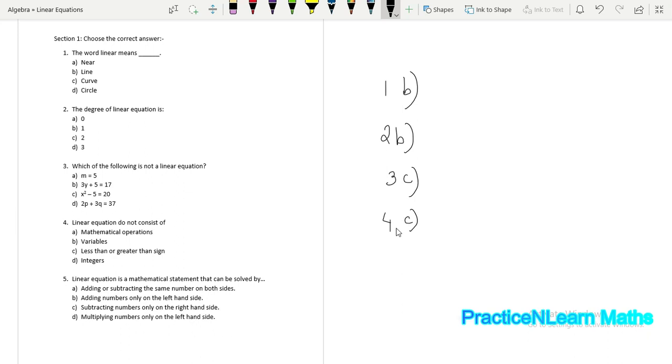Question 5. Linear equation is a mathematical statement that can be solved by. Correct answer is 5A. Linear equations are solved by balancing the equation on both sides of the equal sign. So if I add, subtract, multiply or divide on one side, then I should do the same on the other side.